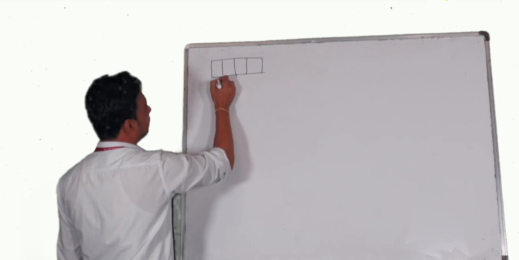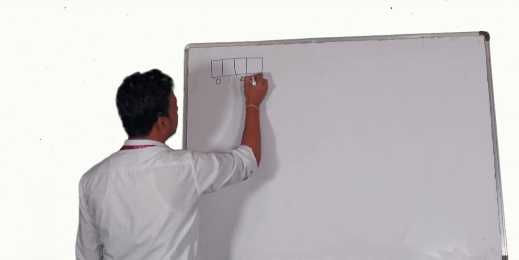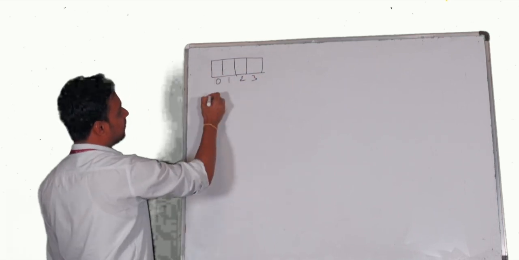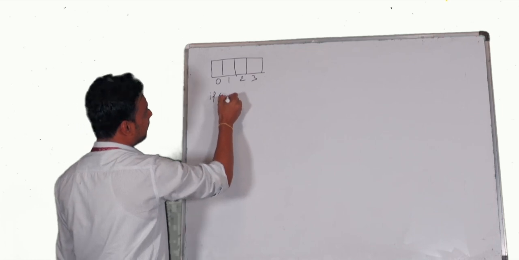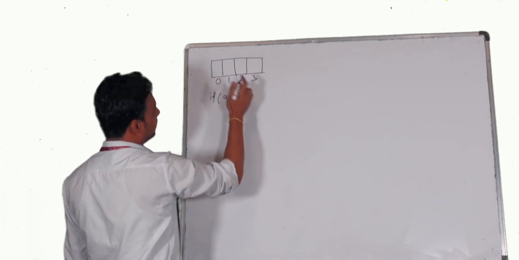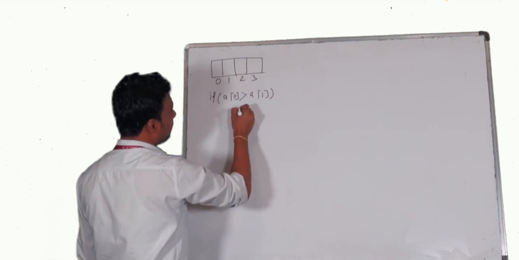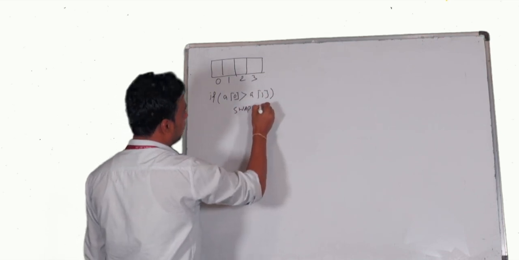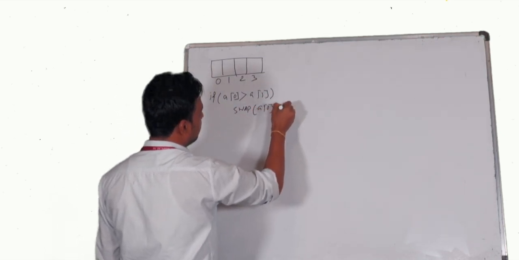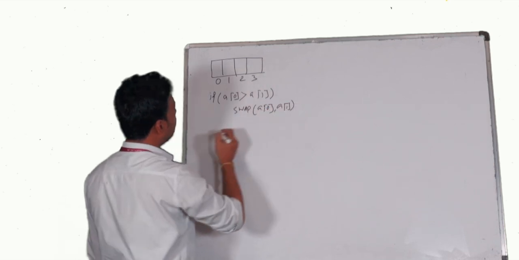So there are 4 elements, indices 0, 1, 2, 3. Initially what we are doing is comparing if a of 0, the first element, is greater than a of 1, then we are swapping a of 0 with a of 1.